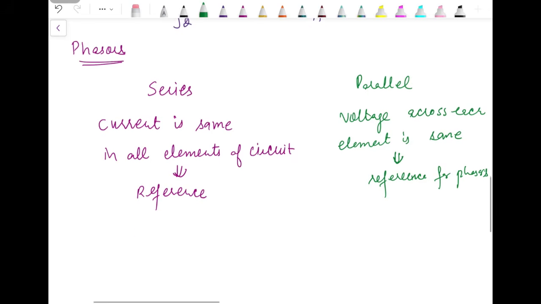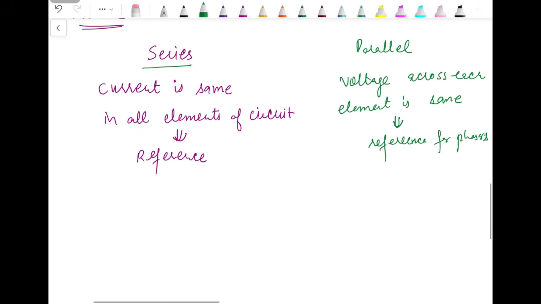Now in case of series, we can have the combination of resistance and inductance, resistance and capacitance, RLC, or even L and C. So you have to draw the phasor for each one. For every series circuit, the current is common and that is considered as reference.